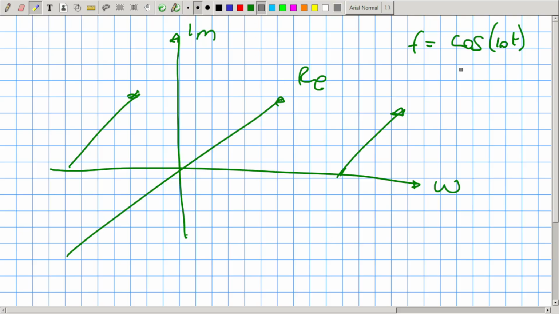If f is sine of 10t, I'm going to get something that is like this. Yes, because it's aligned with the imaginary axis. True? Do we see it? And if I get something that is slightly off, what does it mean? It means that this one is what? Plus some phase.